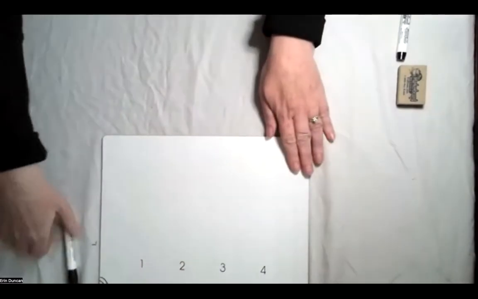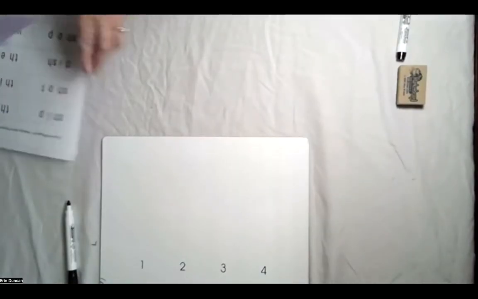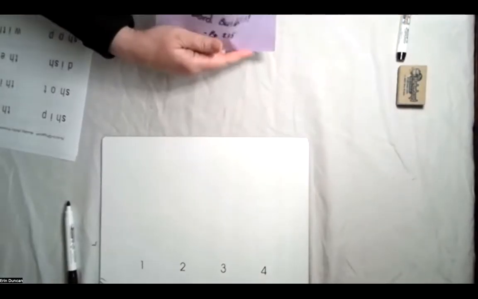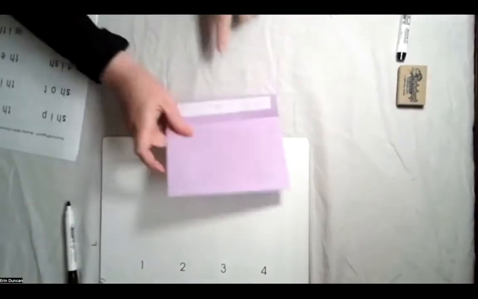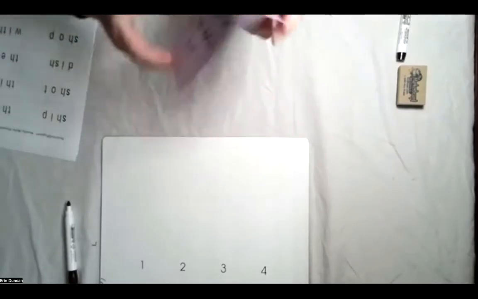All right, can you see, Sam? Okay. So the very first lesson in the advanced code chapter is word building on page 215. And the first list is sh. So those are the ones that I'm going to be doing with her.